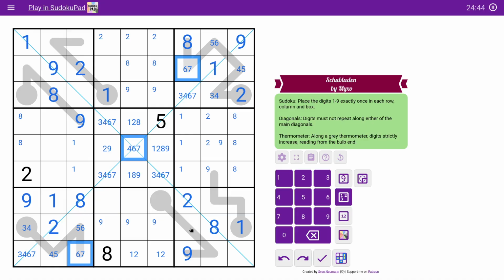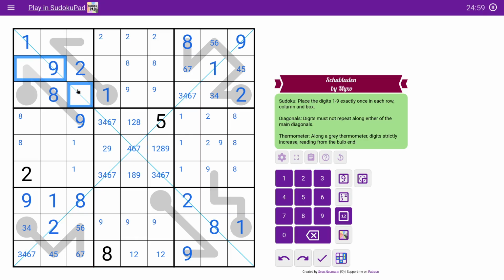Not exactly. Ah, 7 is constrained here, and then it can't go here or here. And then 3 is constrained the other way. There's no 3 here. 3 is here. There's no 3 here. Okay.